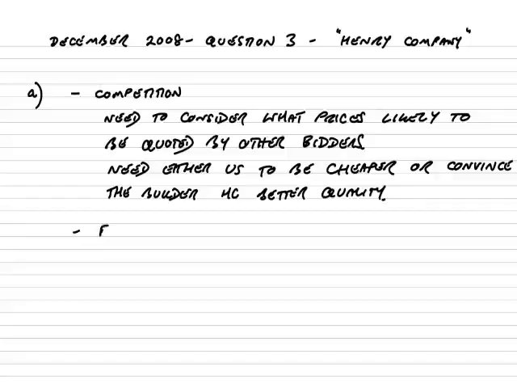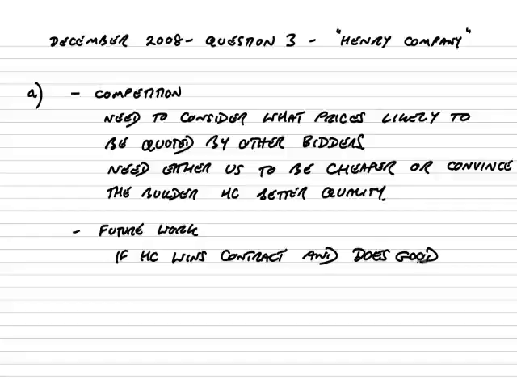And so there's a second point we need to take into account, future work. To make it clear what we mean, as I just said, if HC wins this contract and does a good job, then they might get more work from the same builder.